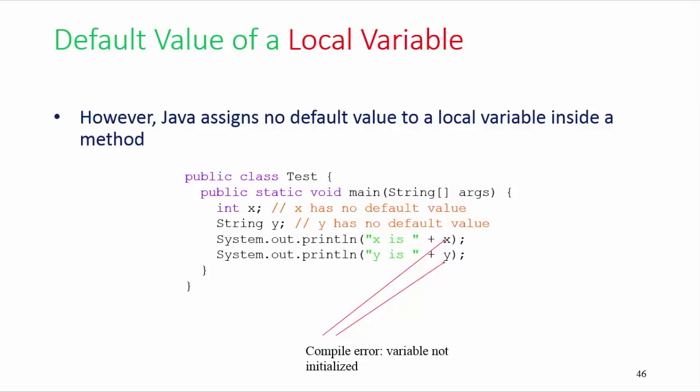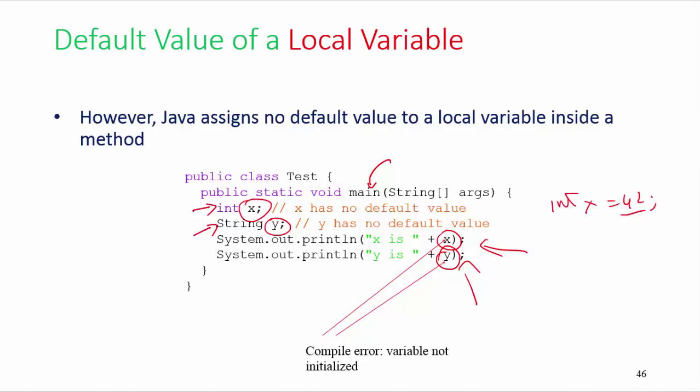But when you are inside a method, like here inside the method main, and you define local variables, then using them is going to be a compilation error, because you are trying to use the values in X and Y, but you never initialized X and Y. Initializing means something like int X equals 42.